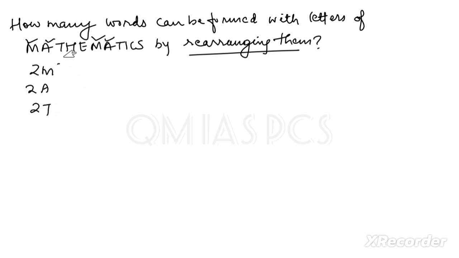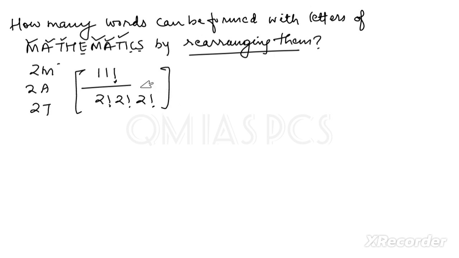The total number of alphabets is 11, so 11 factorial, divided by the repeated identical letters, so 2 factorial, 2 factorial, 2 factorial. Now you can solve this one, and this type of question you can solve.